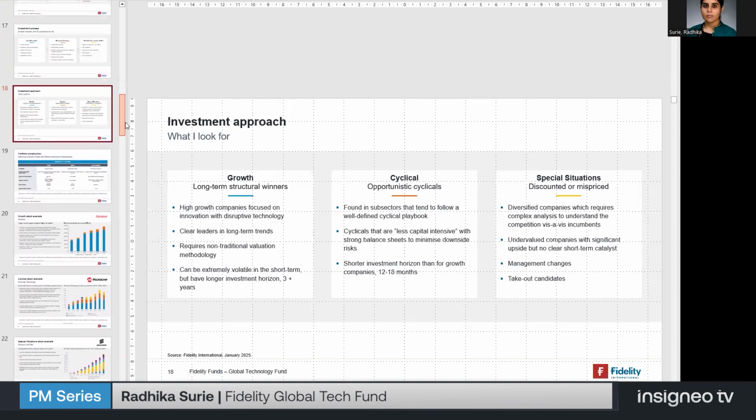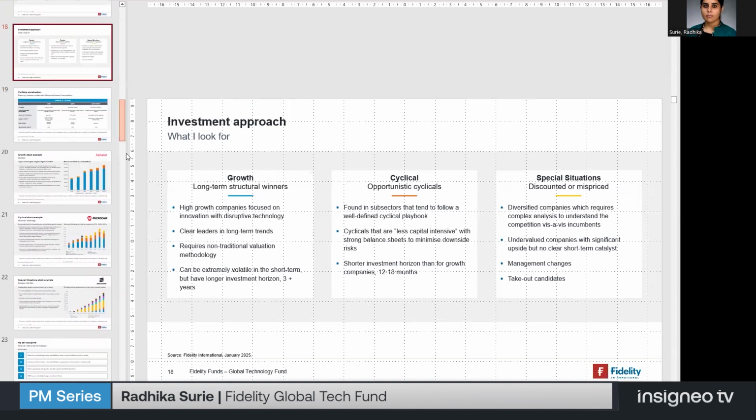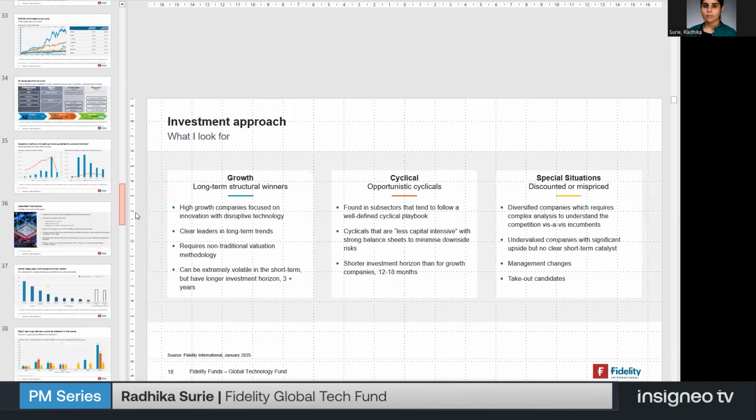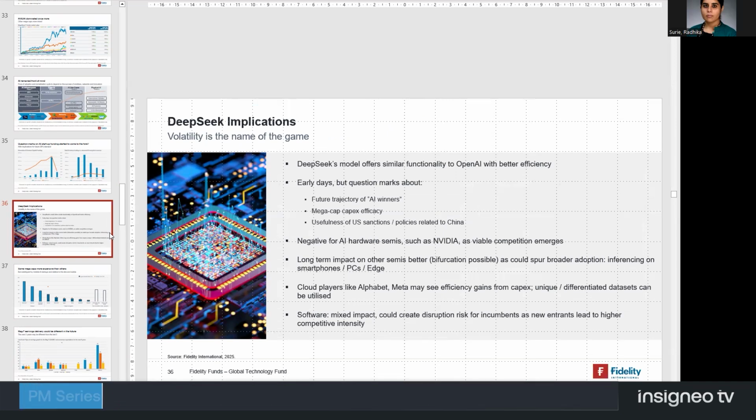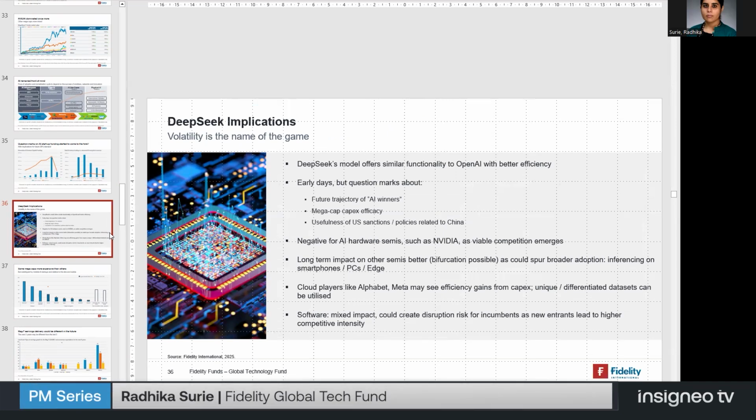Yeah, absolutely. Clearly the main development that we've seen from January onwards has been developments around DeepSeek, right? Which has had big implications in terms of how the market perceives the winners around AI, the speed and cost of implementation of AI, etc. So that's something we've been paying quite a lot of attention to. Interestingly, the DeepSeek developments have underscored the thesis that the fund manager has had for a long time.